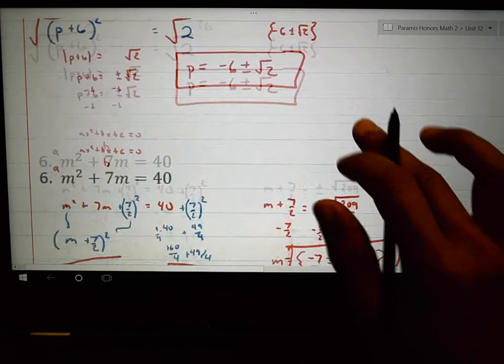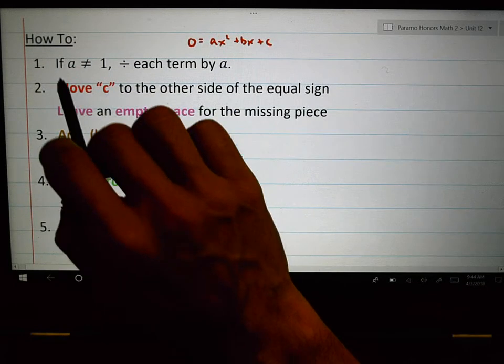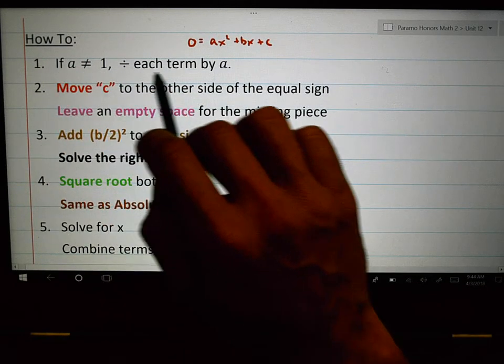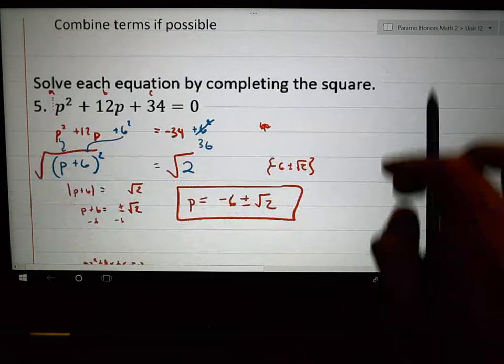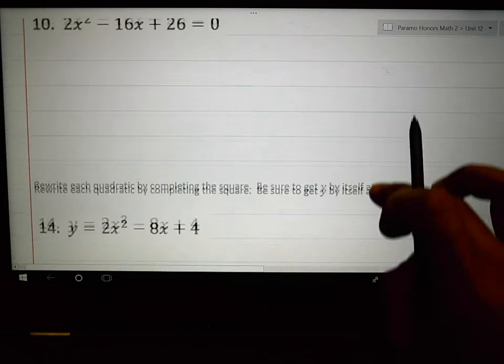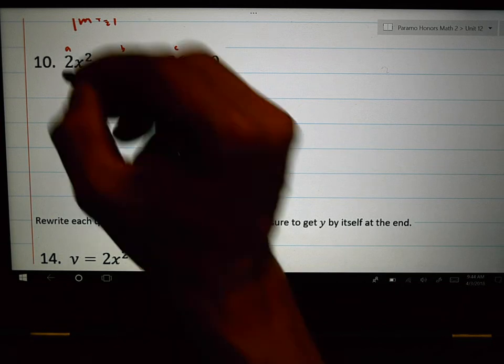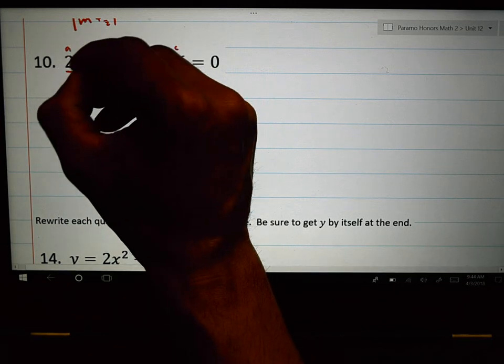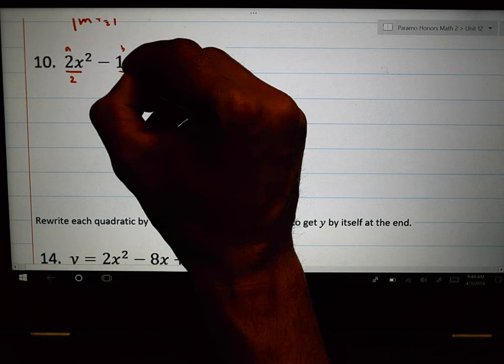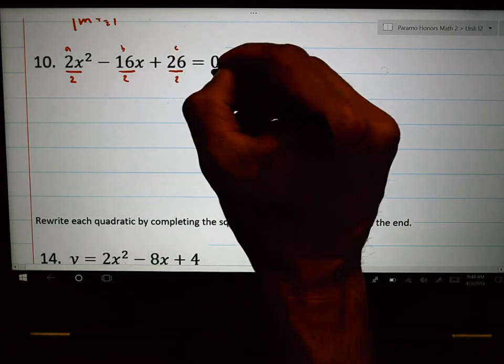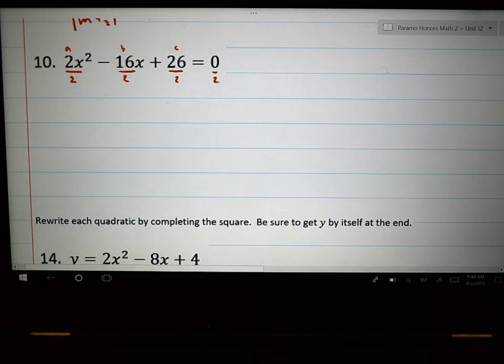In your notes, you wrote down, if a does not equal 1, divide each term by a. Does my a equal 1? No. What do I need to divide each term by? So here's my first step. This is what happens if your a is not equal to 1. You divide everything by 2.